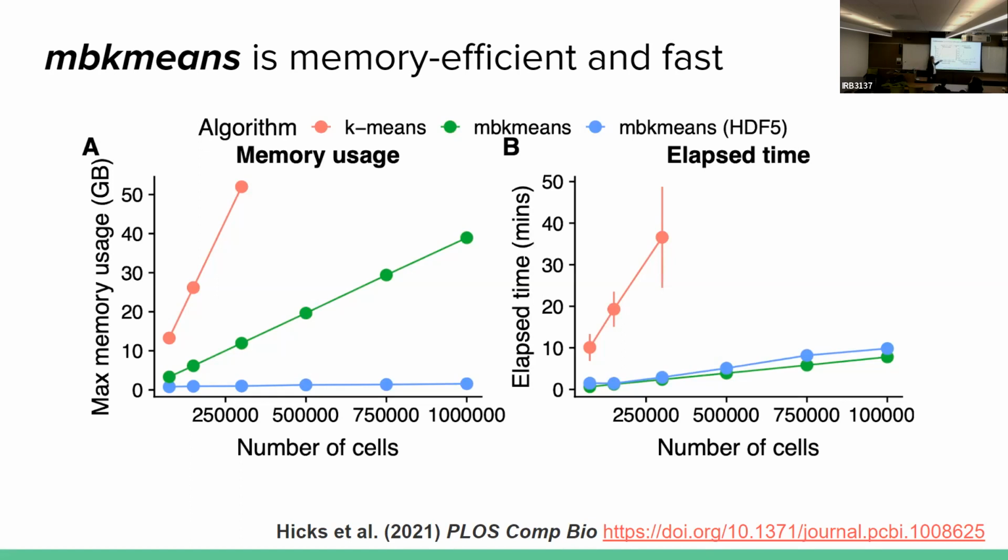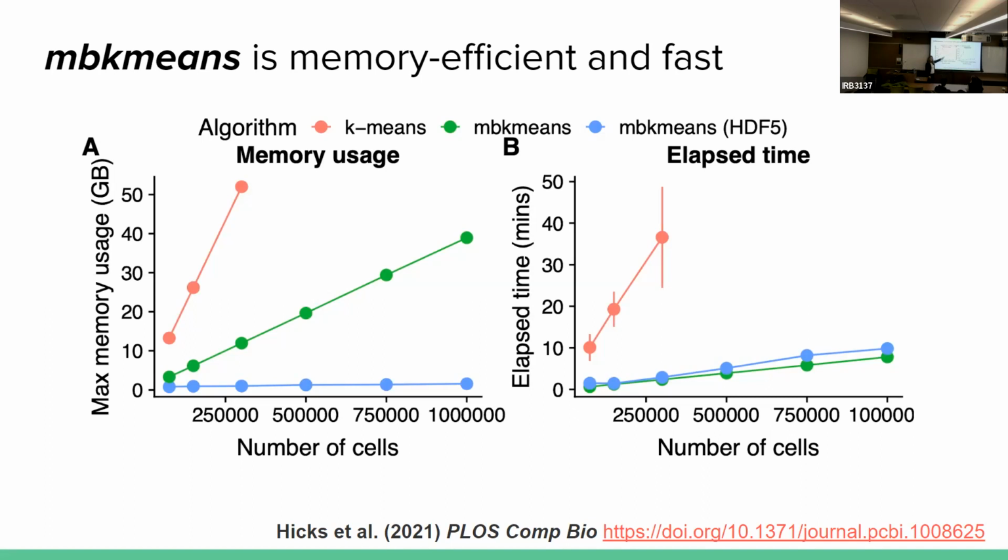So this is the version of mini batch k-means with data stored on disk, data stored in memory, and the vanilla algorithm, k-means. We tracked the max memory used over the course of the algorithm and the elapsed time it took to run those algorithms. As you can see, k-means is a memory hog, as you might expect.